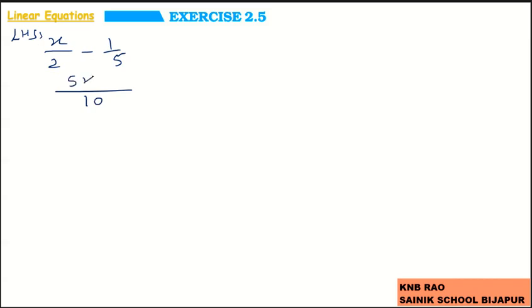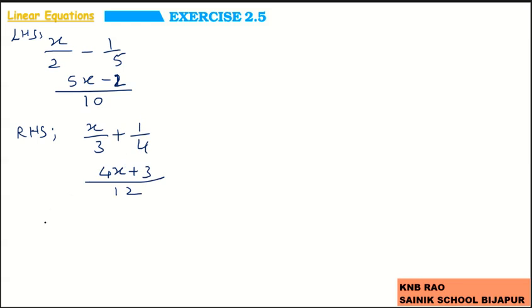So, it becomes 5x minus 2 by 10, whereas on the right hand side x by 3 plus 1 by 4, where the LCM is 12. So, 4x plus 3 by 12 I have got on the right hand side.